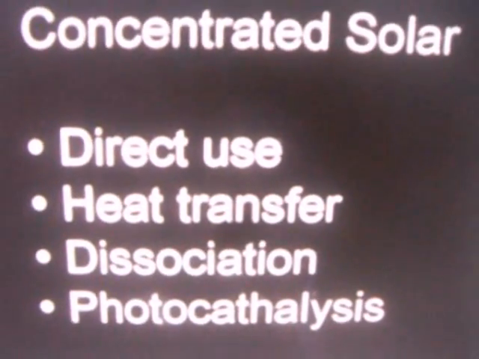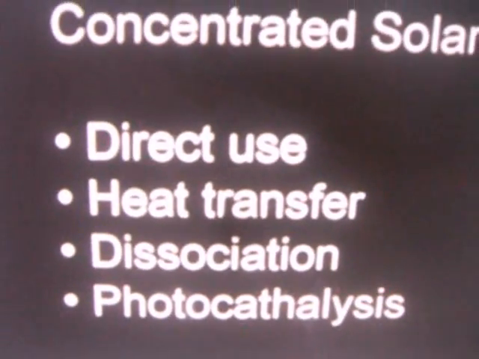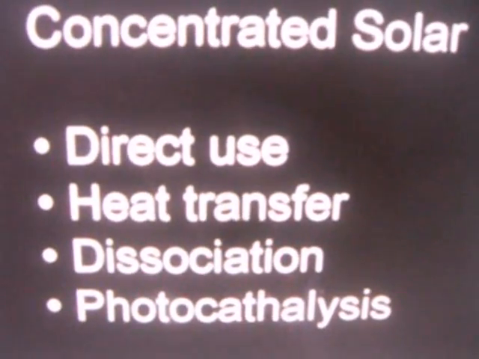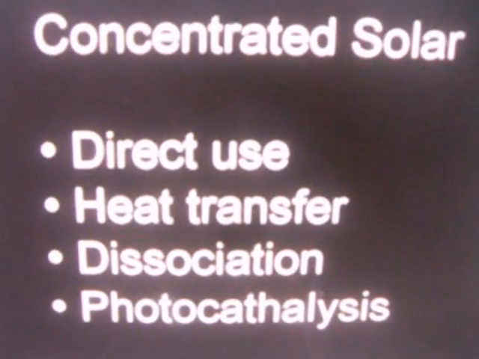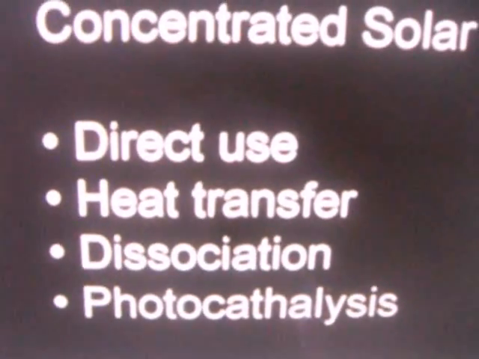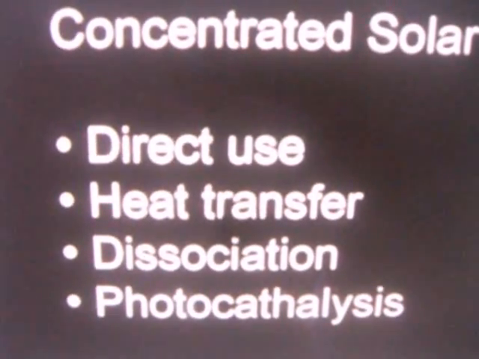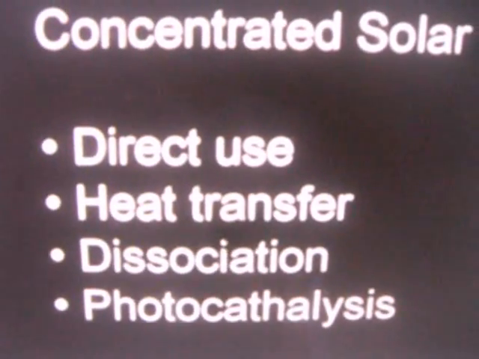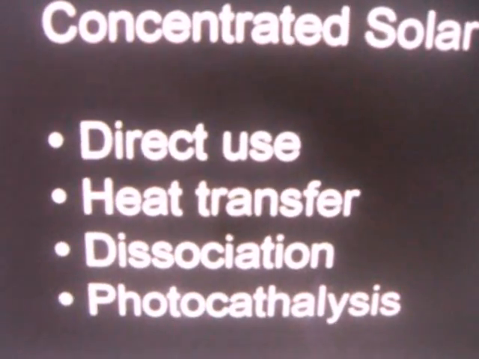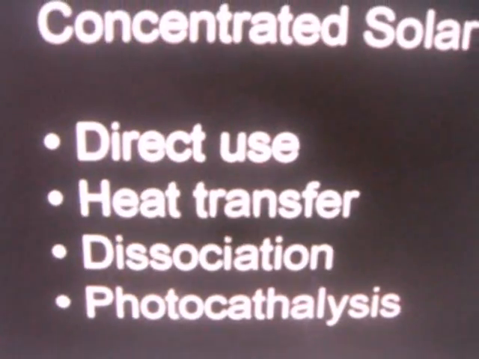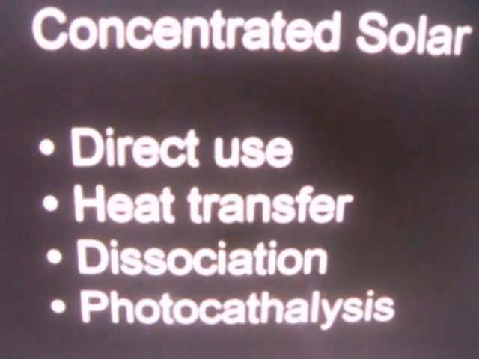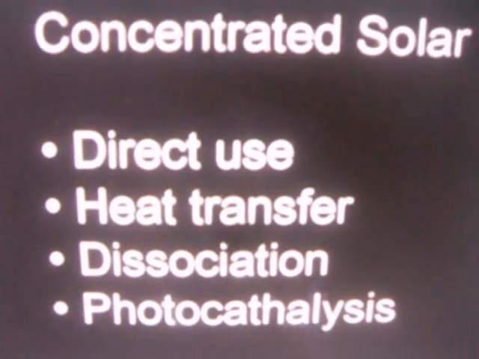And then a third way is to use the heat to dissociate some kind of chemical. You get a chemical reaction which is assisted by heat. Many of the reactions we see, for instance, burning of oxygen and hydrogen into water. Water will fall apart into hydrogen and oxygen if you heat it at high enough temperatures.